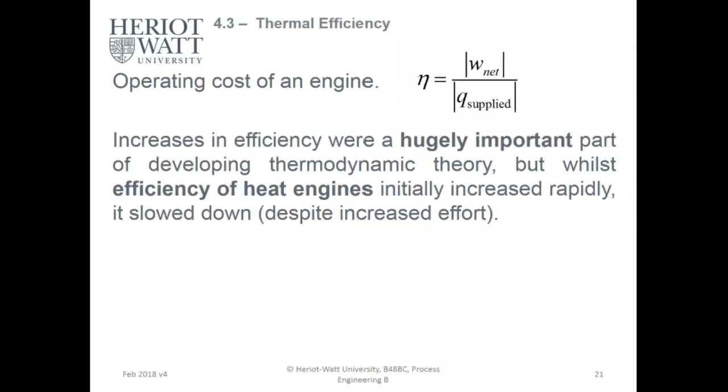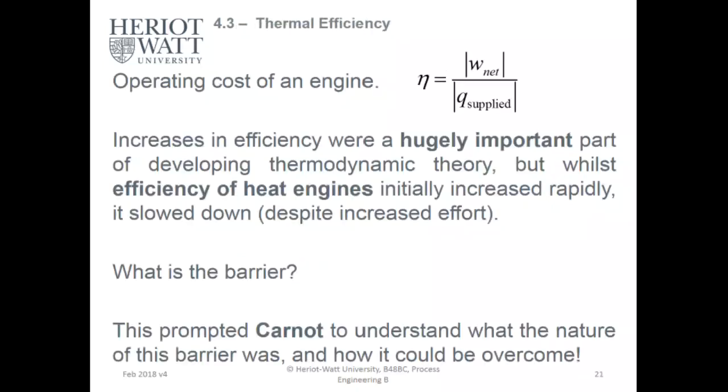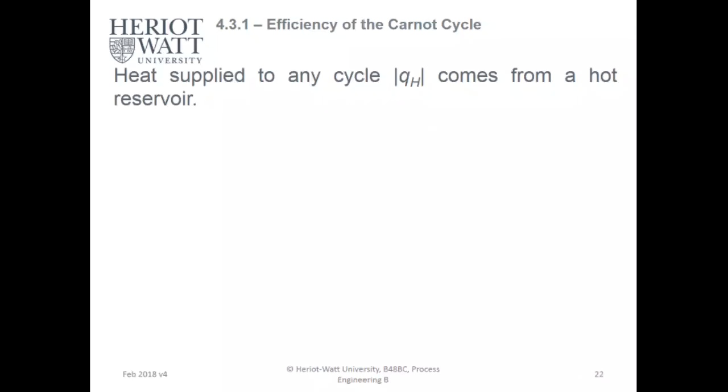Now, just so you know, the most optimum system, I think, is 64% efficient, but that's an impossibility to reach for a heat engine. So what's the barrier? The barrier is usually the amount of heat that is wasted, that is transferred from one form to another. So this was prompted by Carnot to understand what nature of this barrier was and how it could be overcome. Now we're going to go over that.